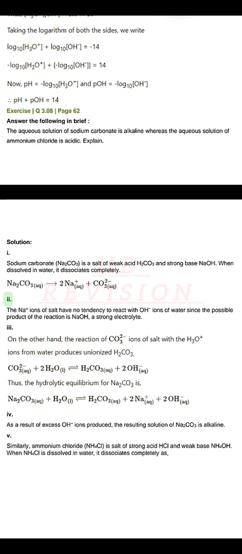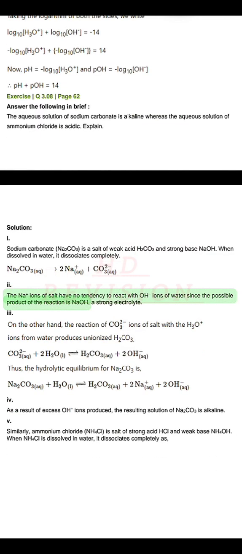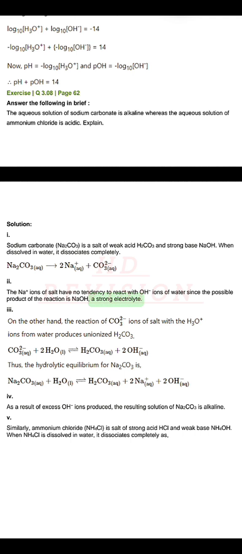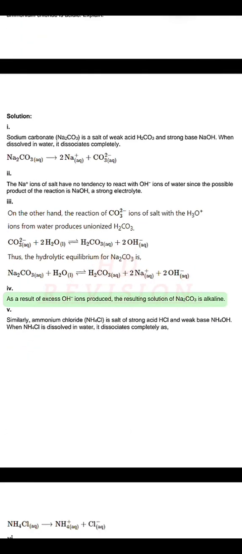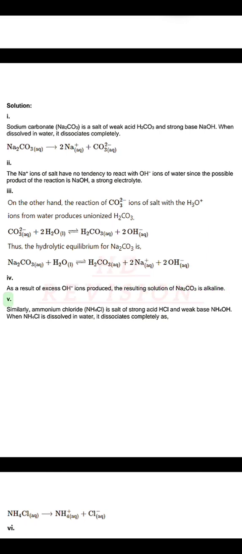The Na+ ions of salt have no tendency to react with OH- ions of water since the possible product of the reaction is NaOH, a strong electrolyte. As a result of excess OH- ions produced, the resulting solution of Na2CO3 is alkaline.